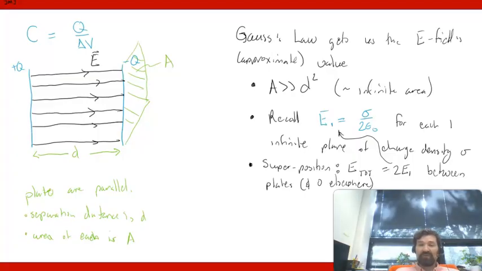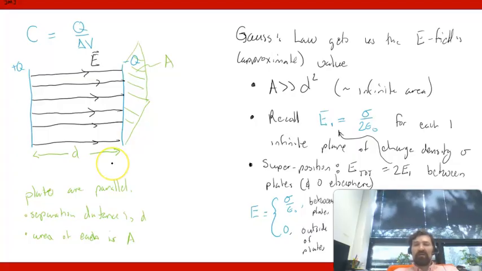So our value for E in between the two plates is sigma over epsilon naught, and outside it's 0. Now, we said that charge density is given by sigma.